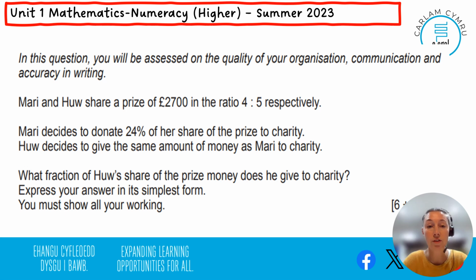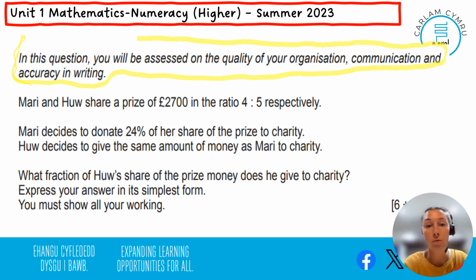So this is the first example question that I'll go through. This was taken from the summer paper of 2023. First of all, I'll just draw your attention to this part here.